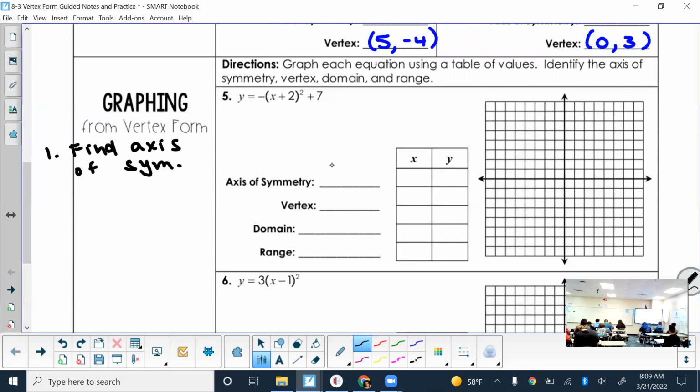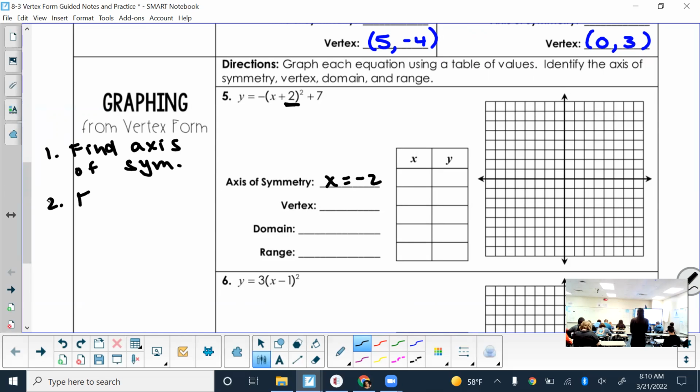But step 1, find the axis of symmetry. So it's always x equals, what number is in the h position here? And since it's a +2 in the equation, the axis of symmetry should be x equals -2. So that's step 1.